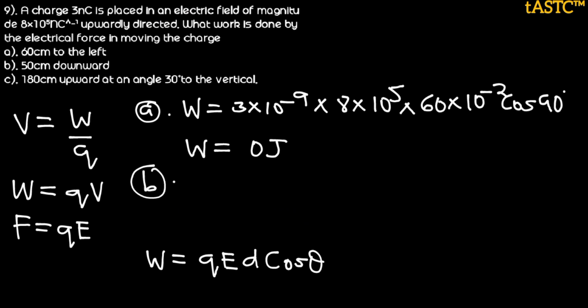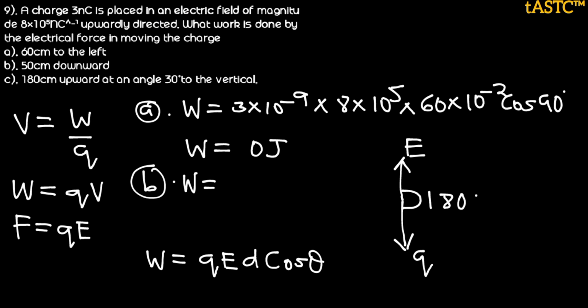Now in a second case, we're going to have QED cosine theta for 50 cm downwards. So we got the electric field in its direction, and the direction of the charge is in the opposite direction. So in this case, we're going to say this is 180 degrees. So that will be QED cosine 180.